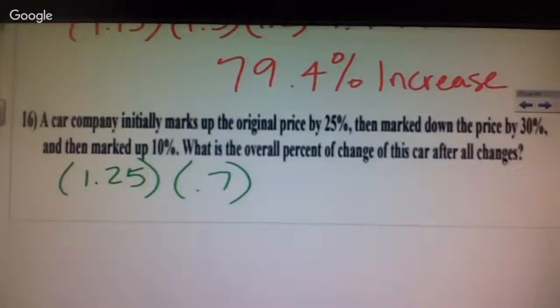And then we're marking it back up again by 10%. We get 0.9625. Yes.